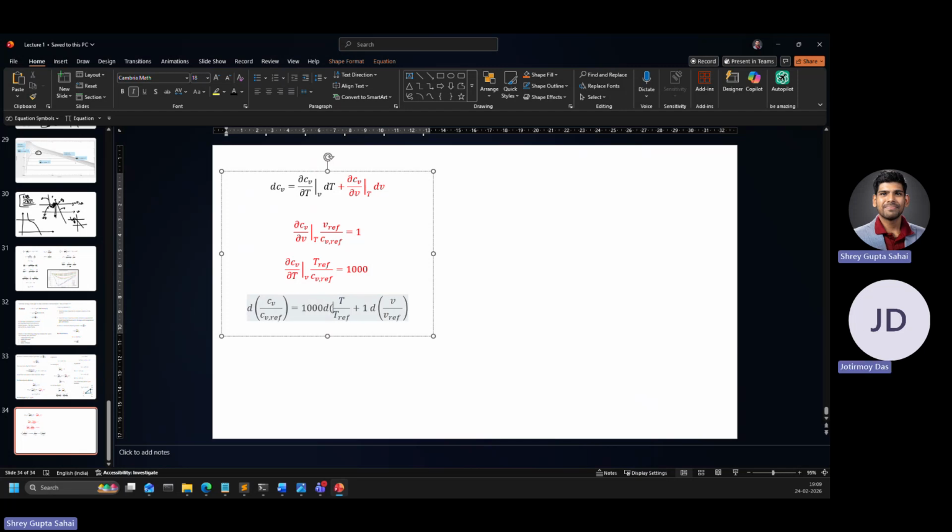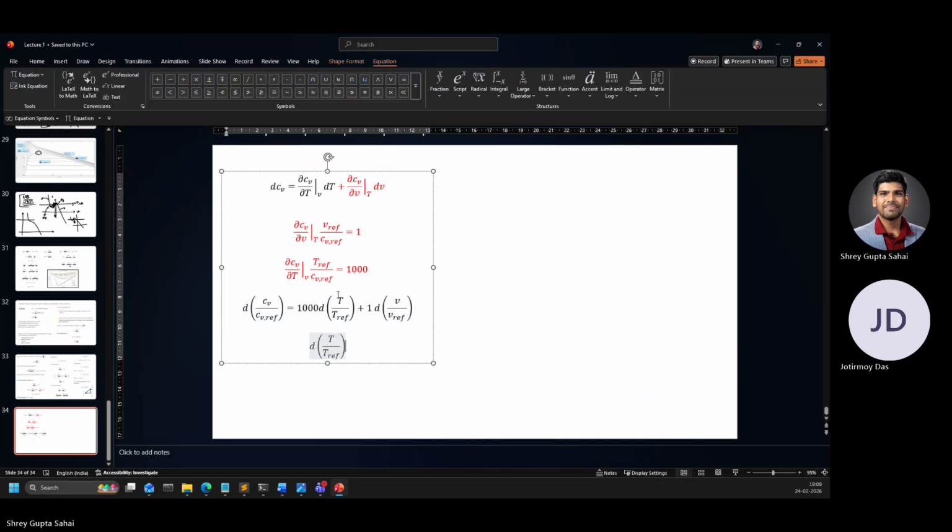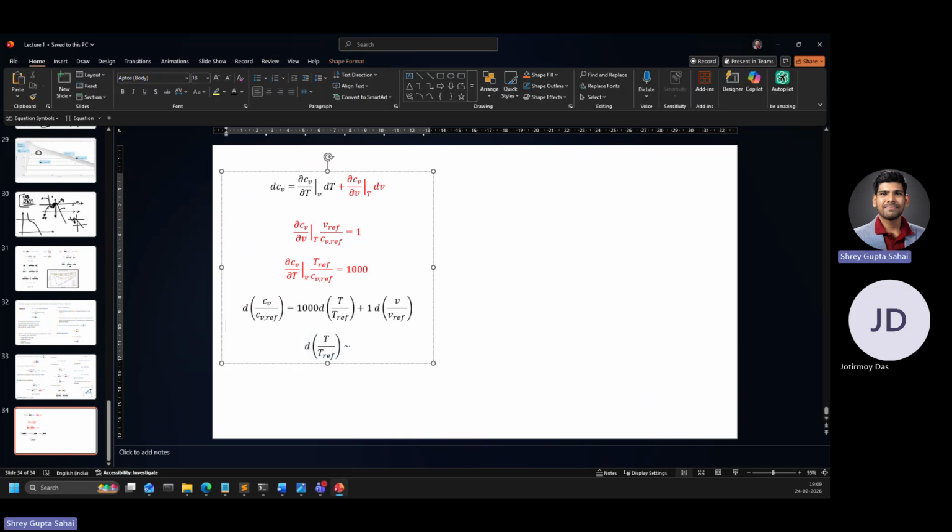Now, suppose under this condition, what do you think is important?